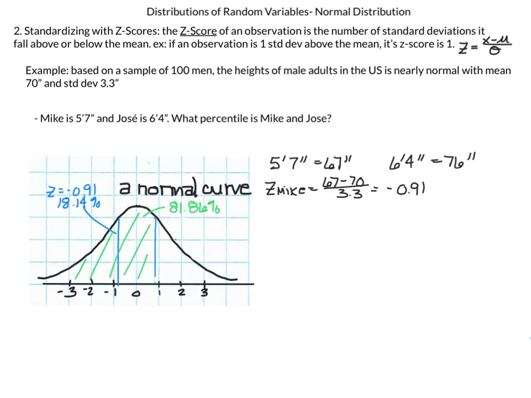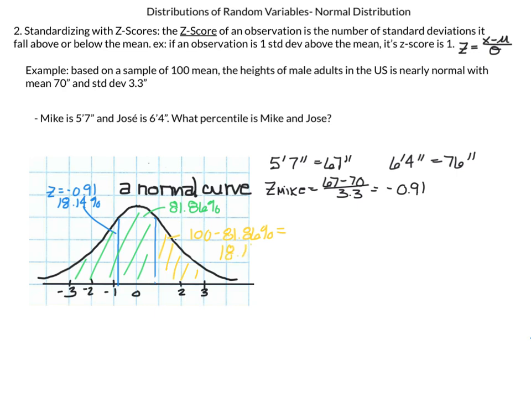That means this yellow shaded portion is 100 minus 81.86%, which is equal to 18.14% above the 0.91 standard deviations. I should write z equals 0.91, just to remind us.